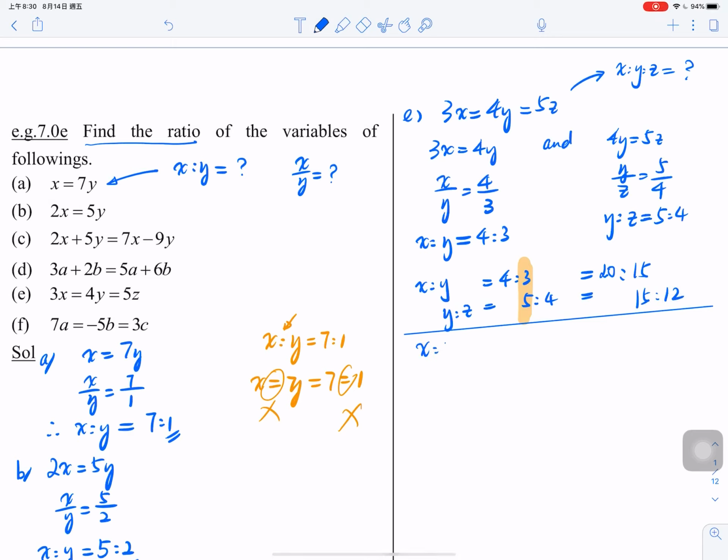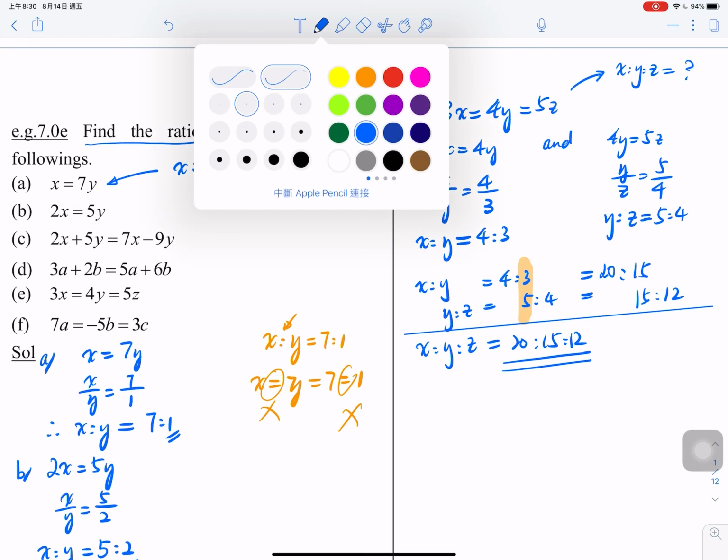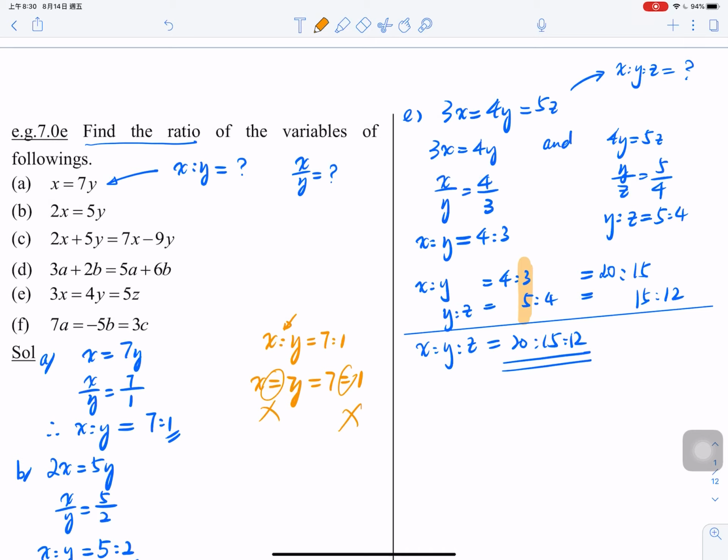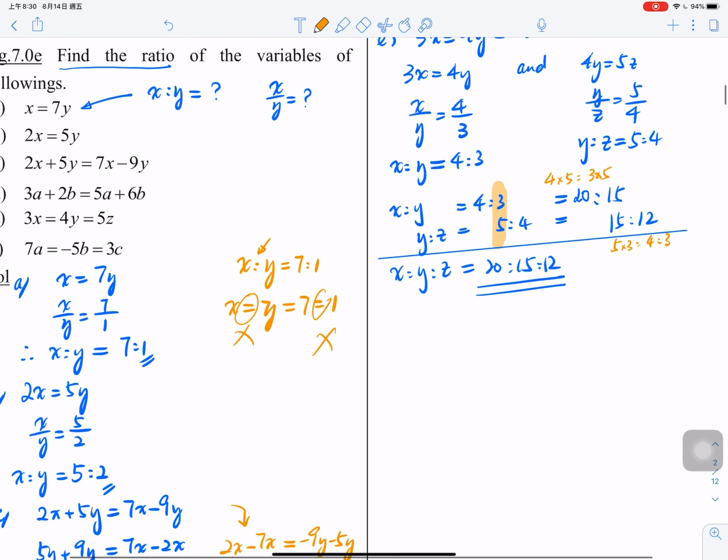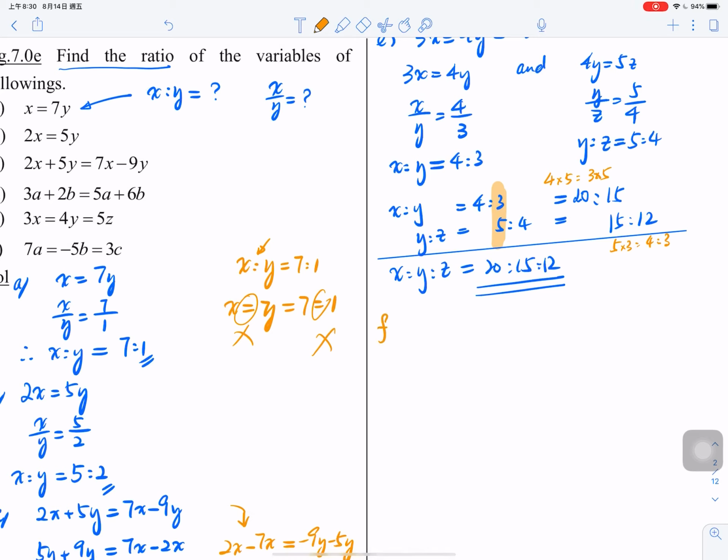At the end, x to y to z equals 20 to 15 to 12. Understand? Here it comes from 4 times 5 to 3 times 5. And this one, 5 times 3 to 4 times 3. Okay, so you get this one. Not difficult, right? Just recall your memory, right?